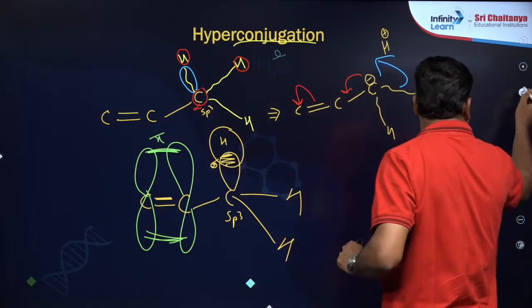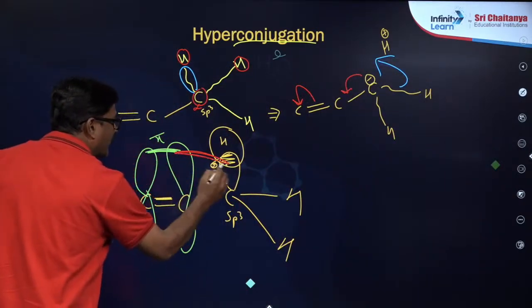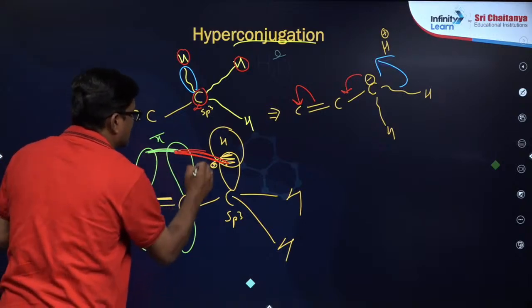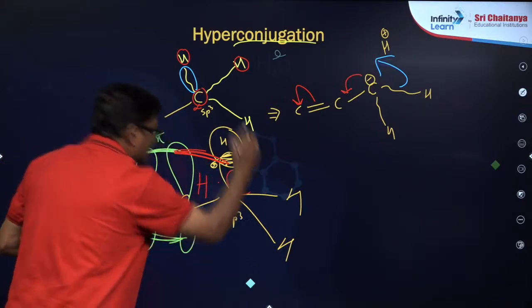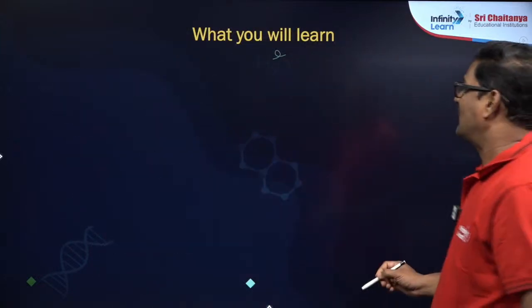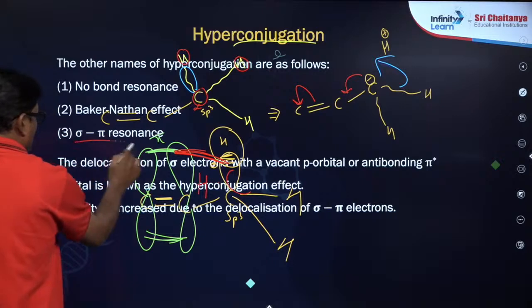Now this sigma bond is going to overlap with pi bond, and this overlapping is known as hyperconjugation. That's what we have seen. This is also called as Baker-Nathan effect, sigma and pi resonance.